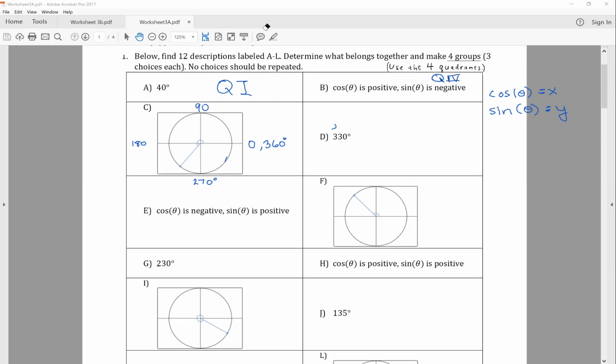The answer to C, they've given us a picture, and you can see that that line is in quadrant 3. 330 degrees, well, it's between 270 and 360, so that is quadrant 4.